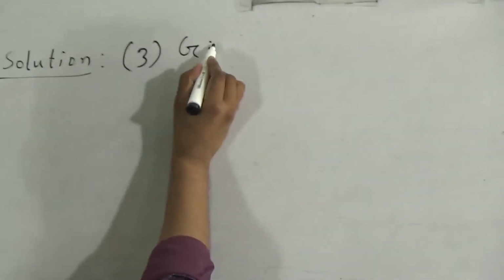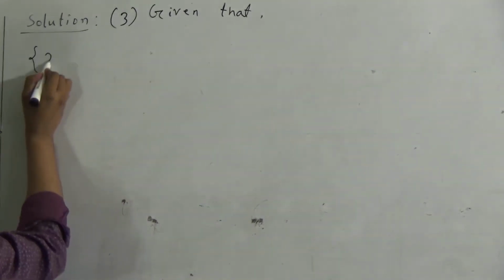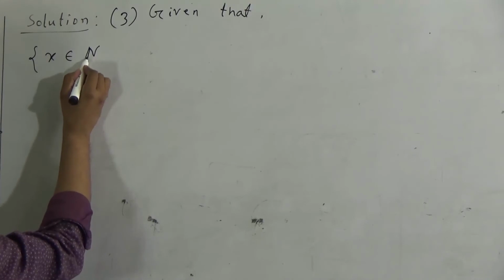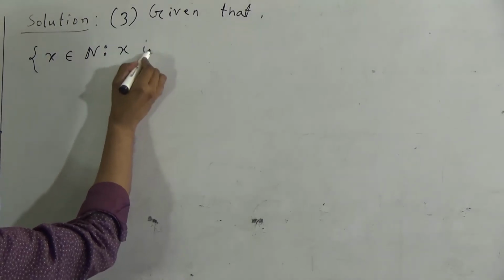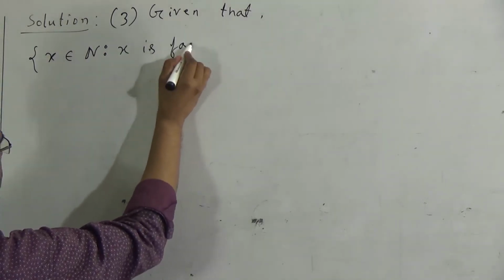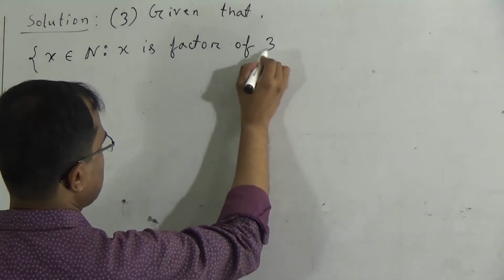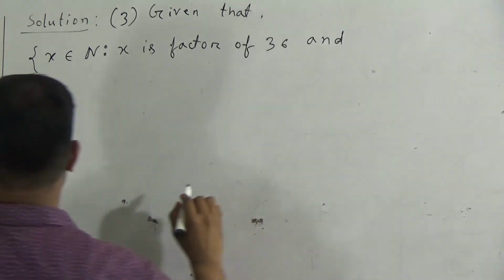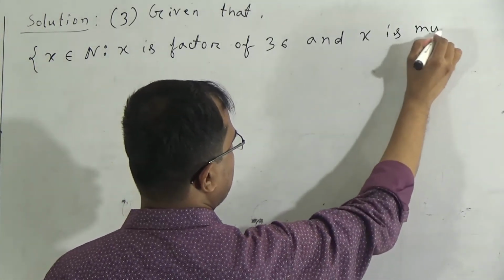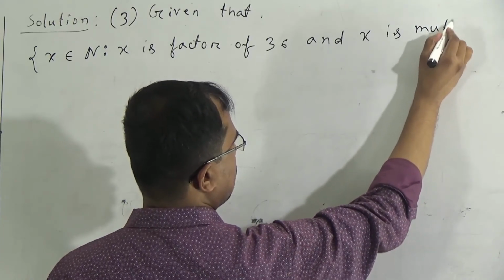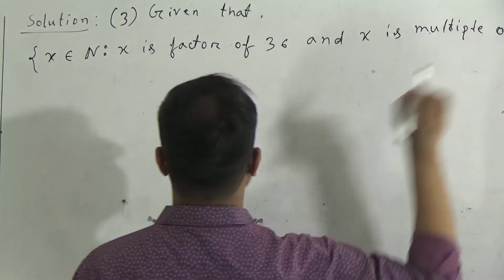Given that x belongs to N such that x is a factor of 36 and x is a multiple of 6.